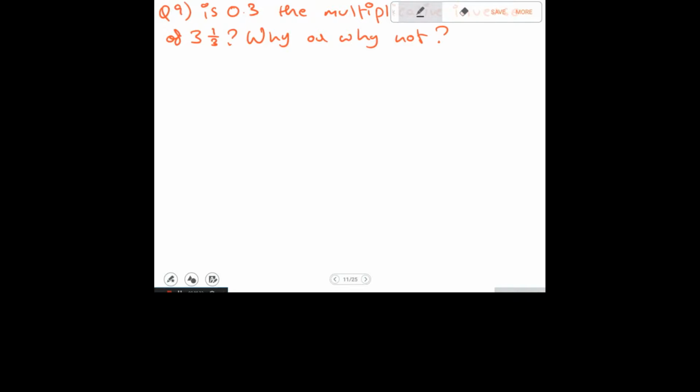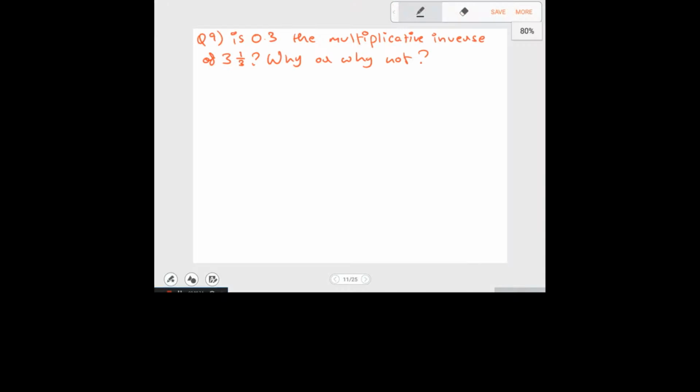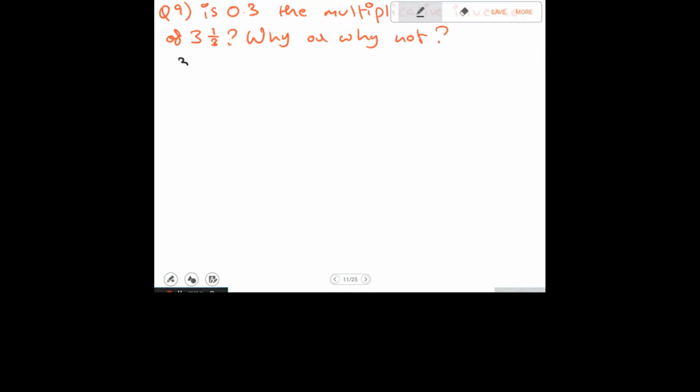So the ninth question is why is 0.3 the multiplicative inverse of 3 1 by 3, why or why not? So 0.3 equals 3 by 10 and 3 1 by 3 is equal to 10 by 3.